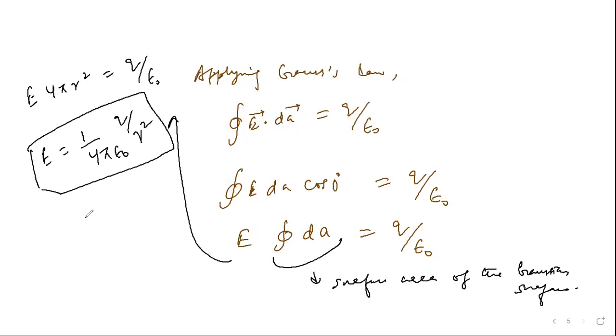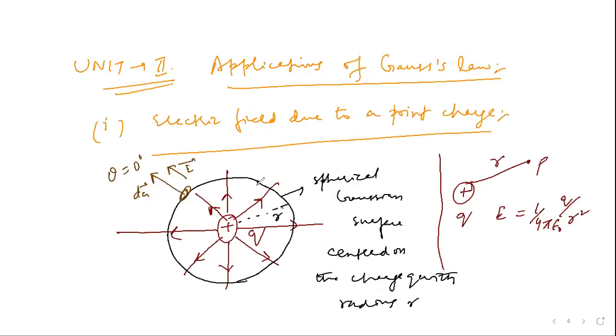This is my result. So I have calculated the electric field due to a point charge Q r distance from it, because electric field E in Gauss's law is electric field at the location of the Gaussian surface, which is r distance from the charge.